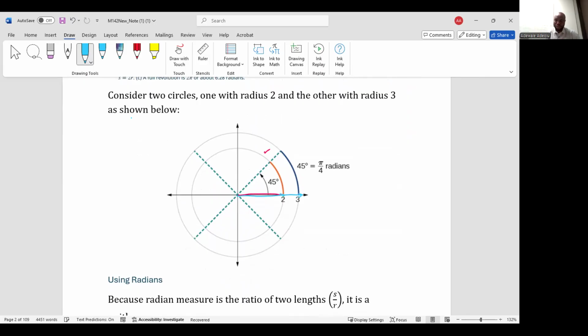What we observe here is that regardless of the length of the radius, for example, here it is 2, so the arc length is also 2, right? Considering the ratio of this s to this r, our angle is s over r, which is 2 over 2, which is 1.